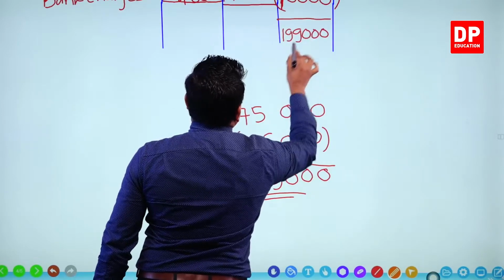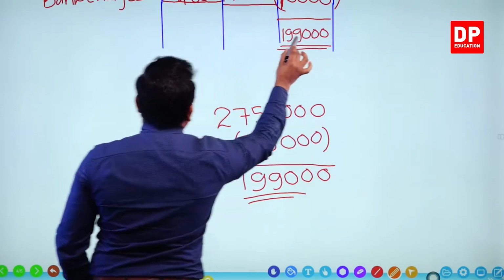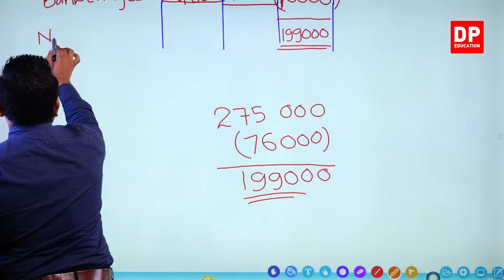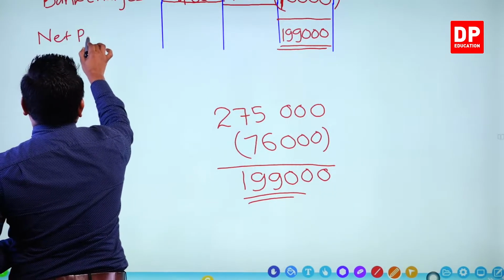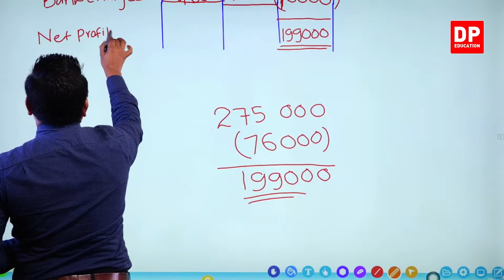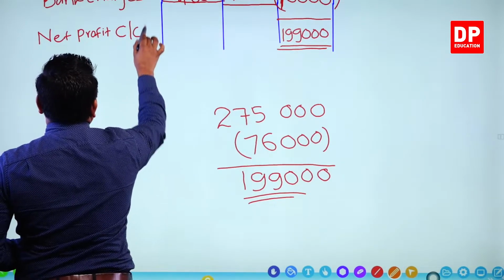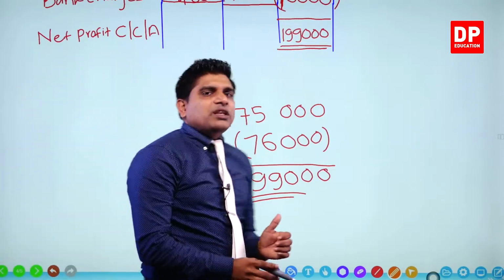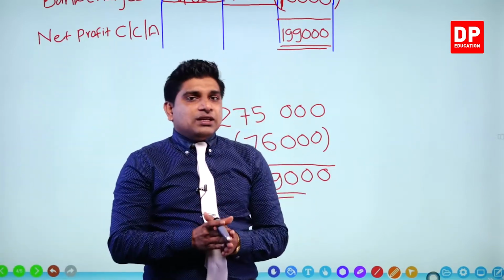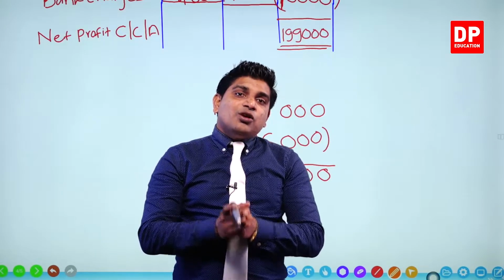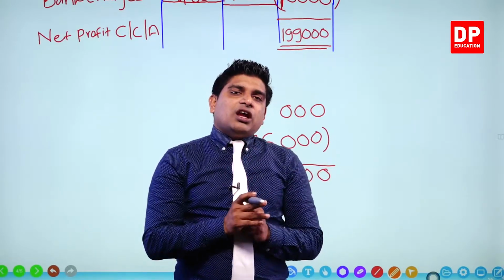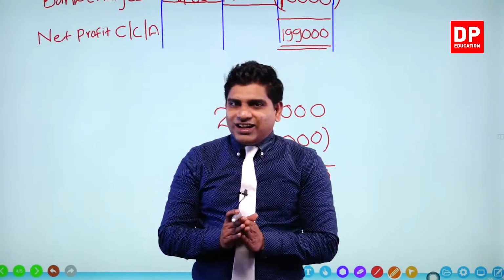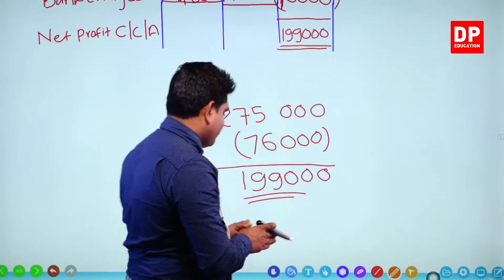Okay. Then you close, and you must remember, you write here net profit, carried to capital account, CCA. Where can you see the capital? In the statement of financial position. Then you move to the statement of financial position with the net profit of 199,000.